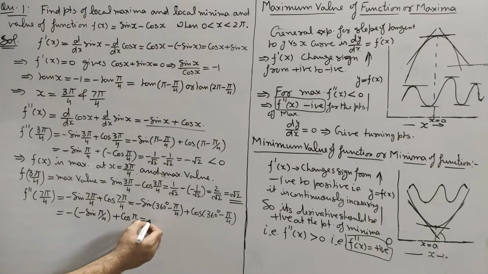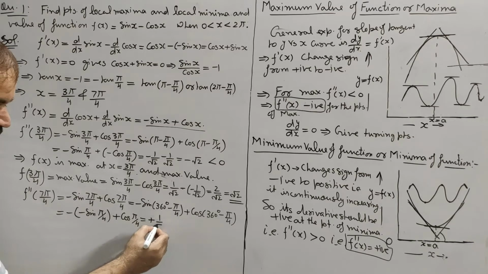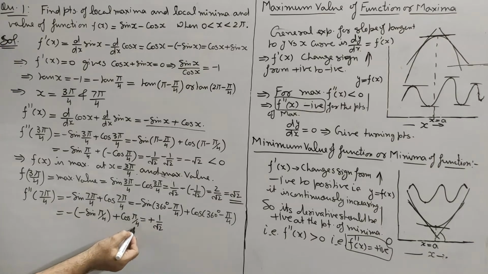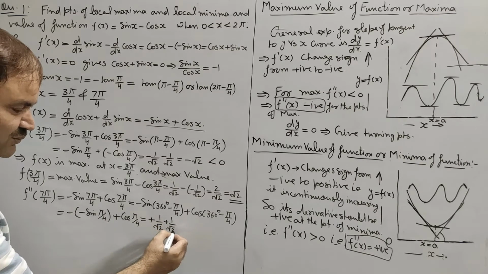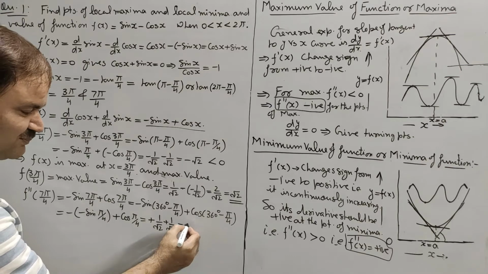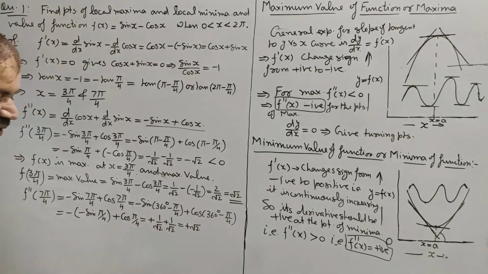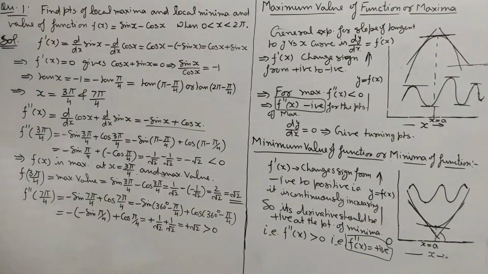This is equal to minus plus 1 by root 2, and cos pi by 4 means cos 45 is again 1 by root 2, so 1 by root 2, and this will give 2 by root 2, that means positive root 2, and positive means greater than 0.